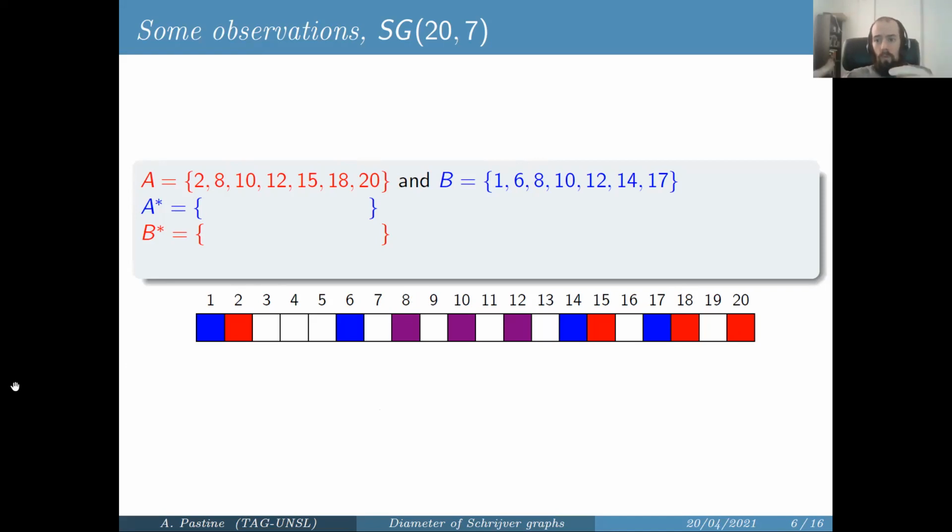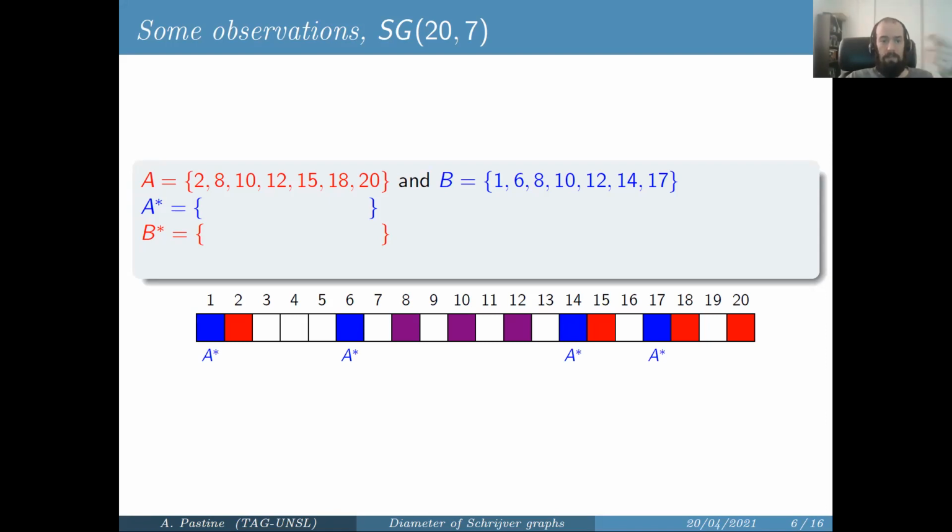Now, what we are going to try to do is find 2 vertices, A star and B star, that are A star neighbor of A and B star neighbor of B. And if possible, that the 2 of them are neighbors, so disjoint, or at least that the intersection between them is smaller than the intersection between A and B. So we are going to place everything that is in B and not in A, we are assigning that to A star.